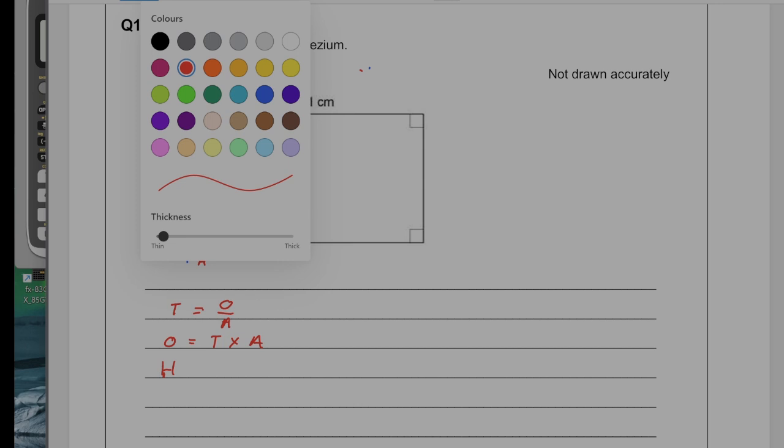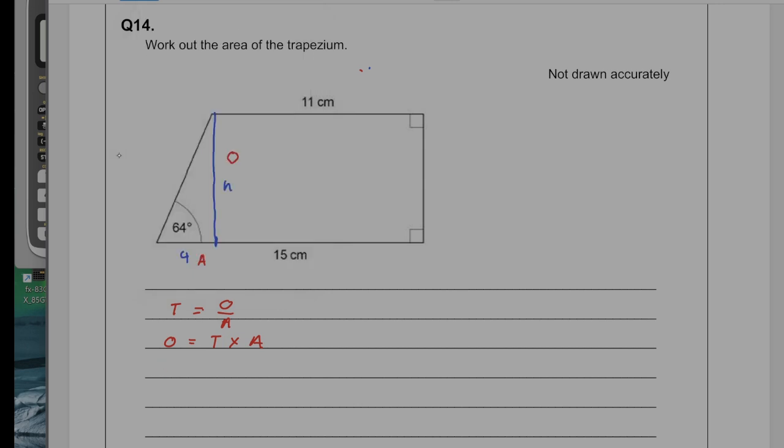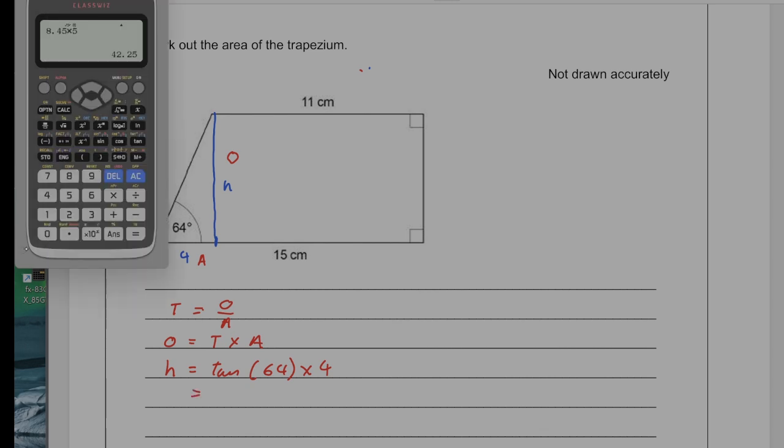I always try to put trig letters in capitals, so the length should be h, not capital H. So I'm looking at tan of 64 times the adjacent side, so times 4.